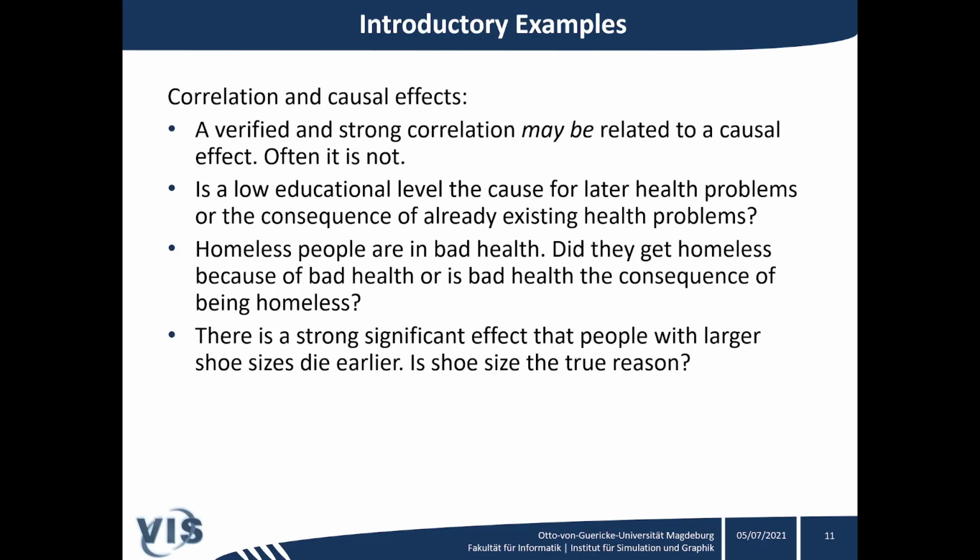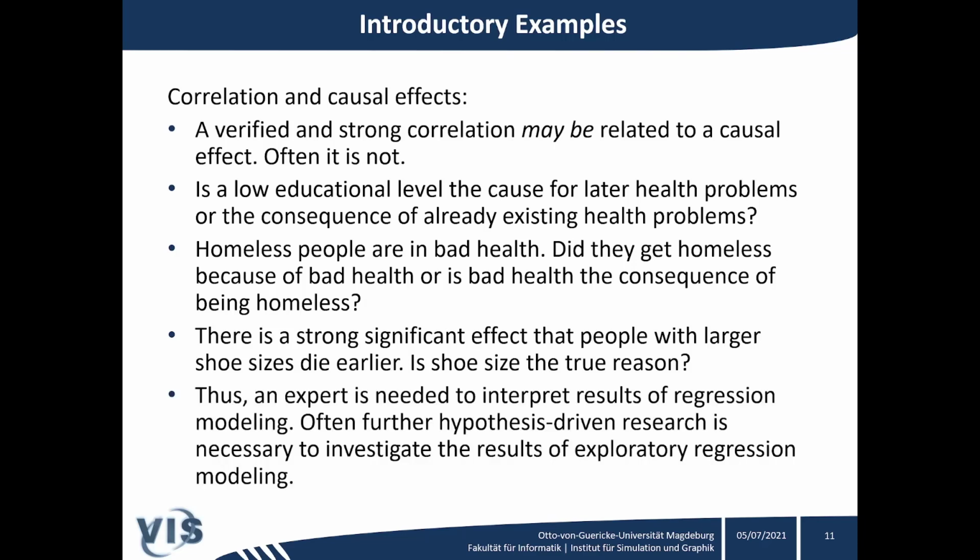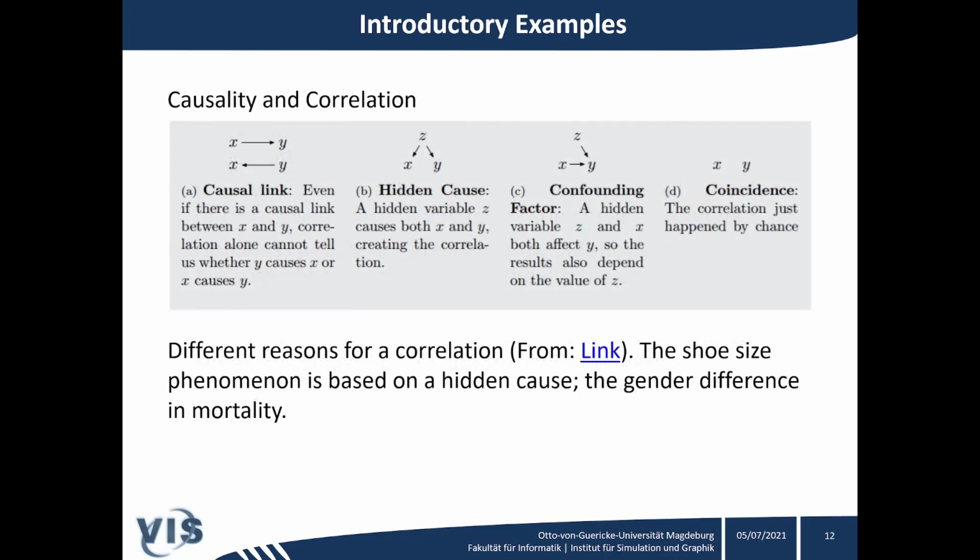So there's a strong significant effect that people with larger shoe sizes die earlier. Is shoe size the true reason? Thus, an expert is needed to interpret results of regression modeling. Often further hypothesis-driven research is necessary to investigate the results of exploratory regression modeling.